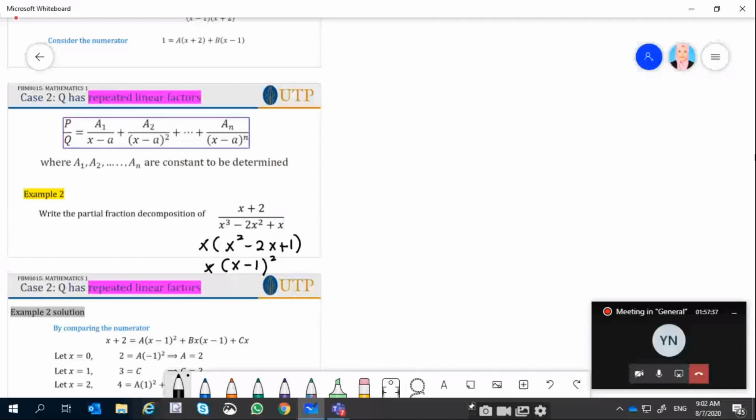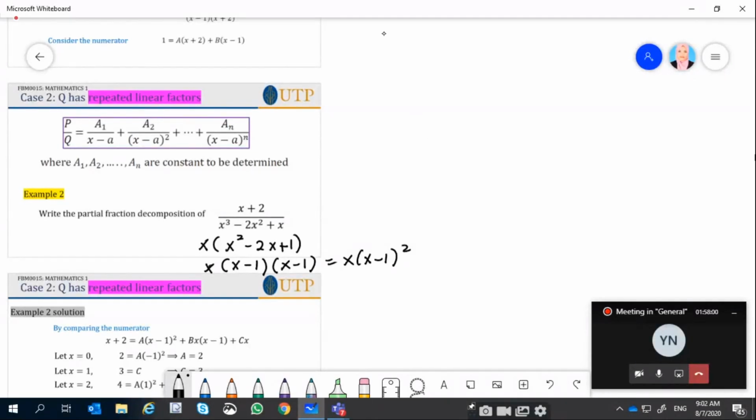Yes, so s times (s minus 1) squared, or maybe I can show in this form first. It has equal roots. As you can see here, the s minus 1 is a linear factor and it is repeated. Wait, does that mean we have 3 partial fractions? Yes, correct. You have 3 factors, so you will have 3 partial fractions.